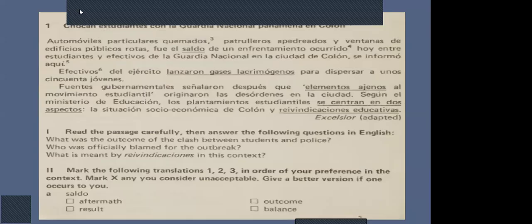And the second question is, who was officially blamed for the outbreak? External elements, to the student movement, yeah, very good. Now, this term, movimiento estudiantil, is a very good one to attempt to translate. I don't know if you could refer to that as students. Well, how would you translate movimiento estudiantil?